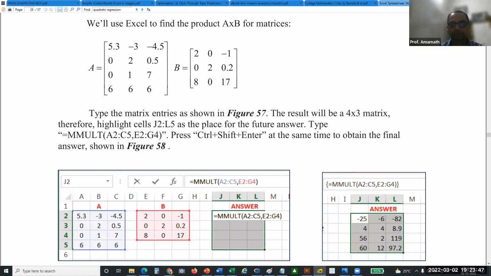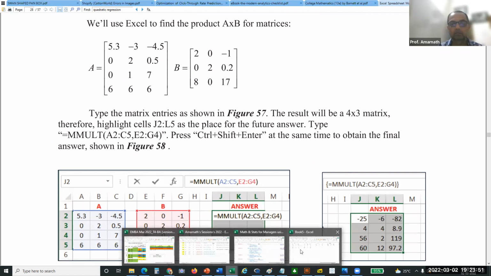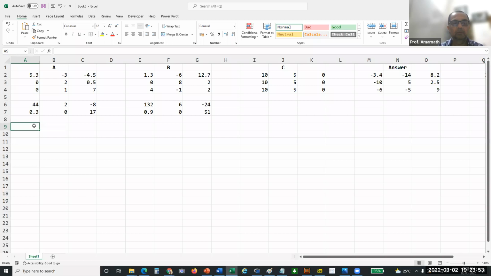Okay, I'll be putting it here. That should be fine.